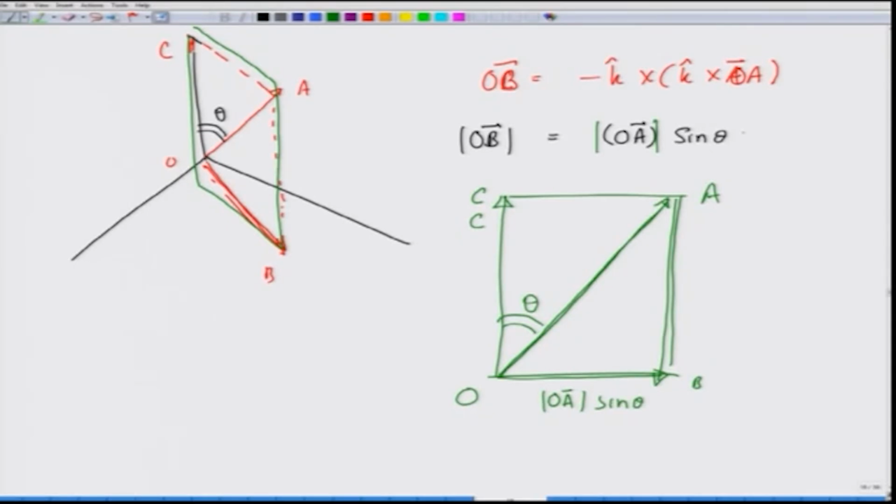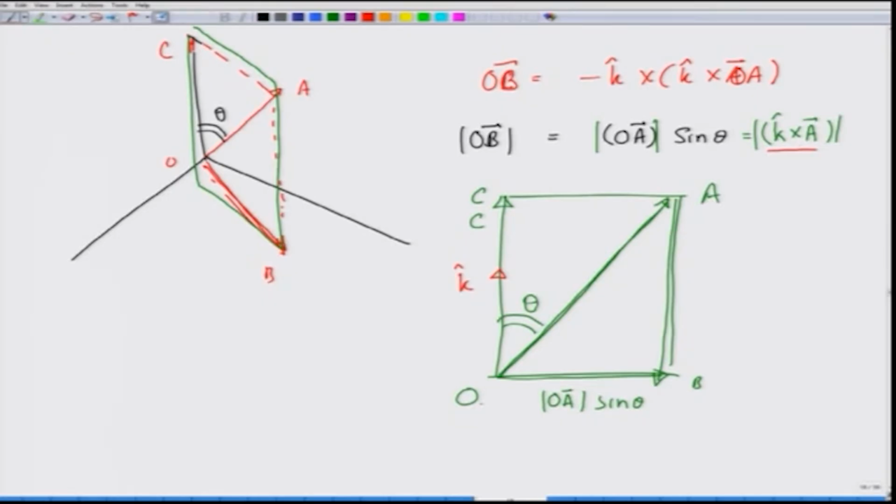So, this by definition is nothing but k cross A magnitude, because this vector is k unit vector. K cross A is going to be nothing but mod of k mod of OA sin theta. Mod of k is 1.